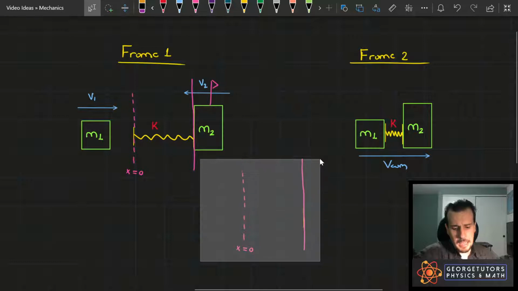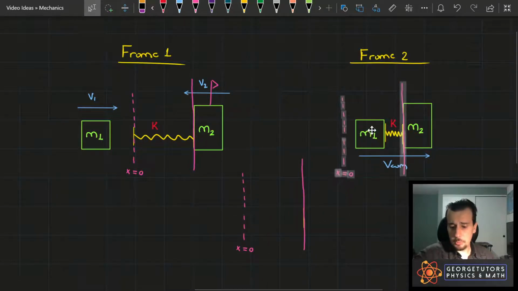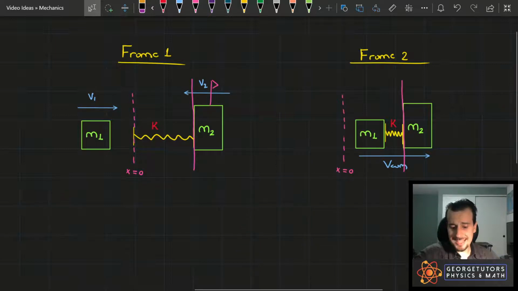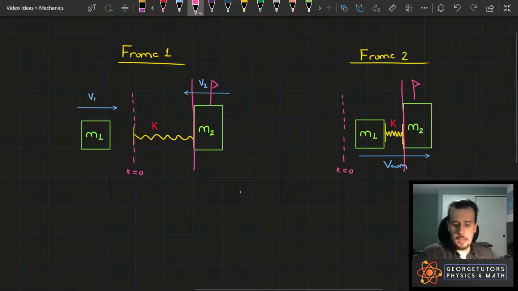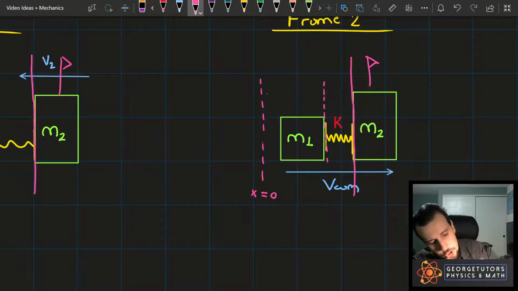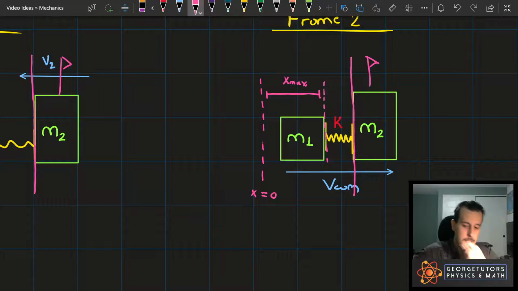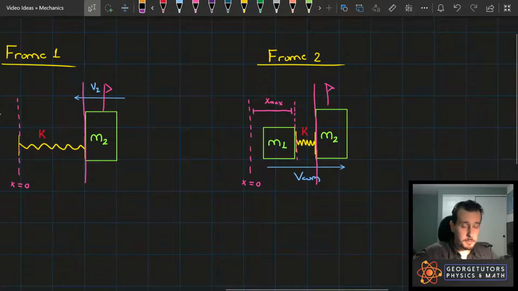Then I pick those up and line up the solid line with M2 again, and you can see where the equilibrium would fall if our reference frame of measurement is M2, which means our spring finds itself right there. The compression that we're looking for, that x max, is this quantity if you want to visualize it. So this is what we know, and this is what we're solving for.